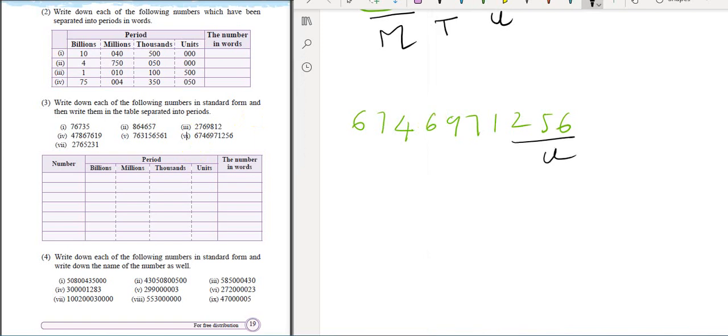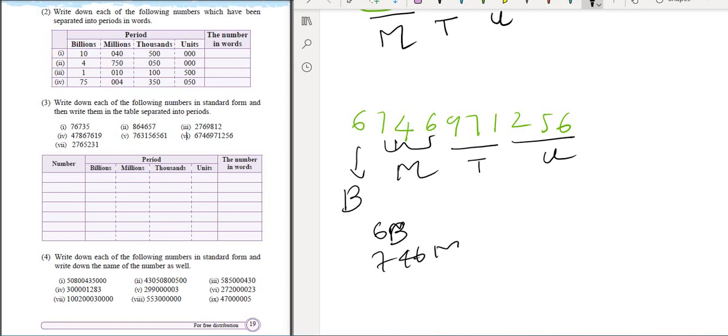Unit period, 1000 period, and these three million period, and this one is billion period. So 6,746,971,256. Okay.